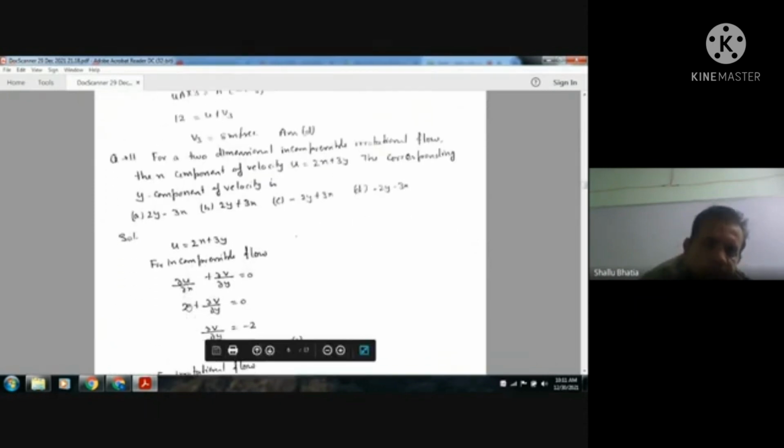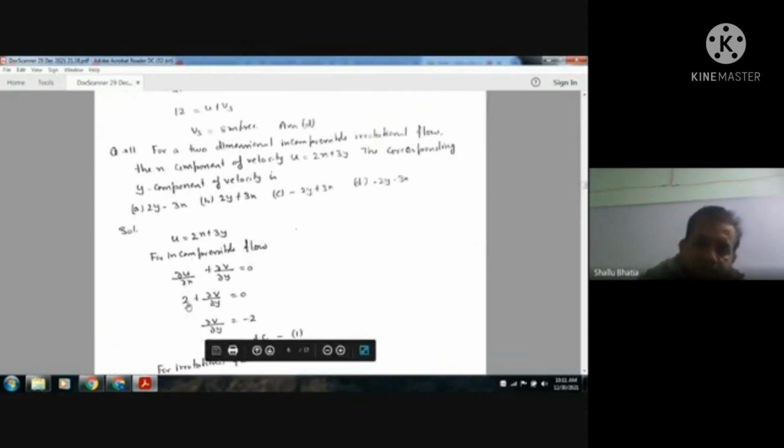Next, for a two-dimensional incompressible irrotational flow, the x component of velocity u is equal to 2x plus 3y. The corresponding y component of velocity is? Here u is your 2x plus 3y. Now the flow is given as incompressible and irrotational.